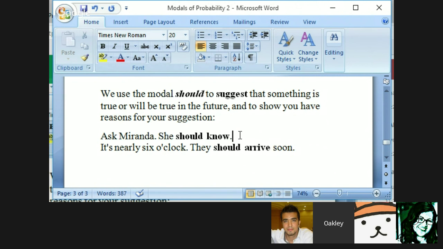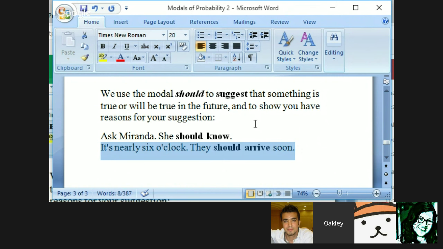Okay, so this is also used to show probability of something. It's nearly 6 o'clock. They should arrive soon. You think. You're more than 50% certain that they will arrive. It's very common when we use should because we're expressing an opinion that we're, whatever, 75% sure.